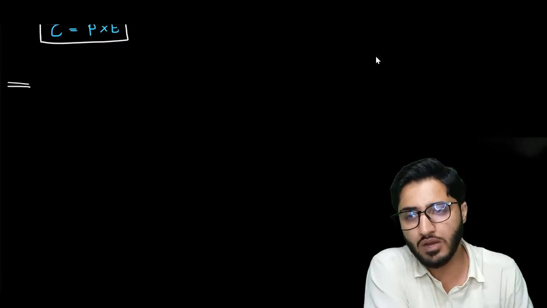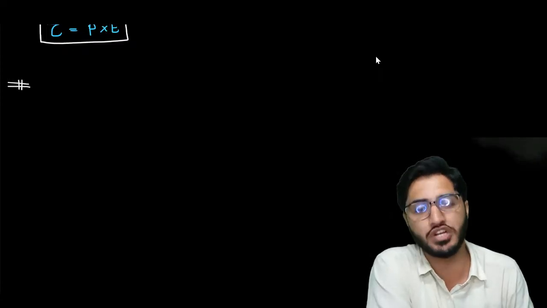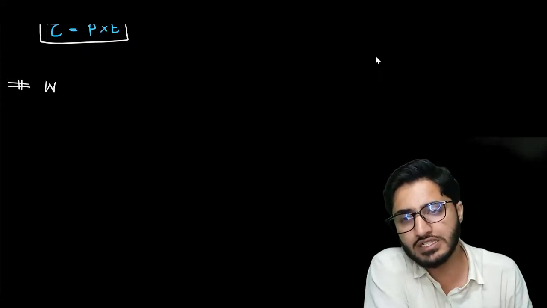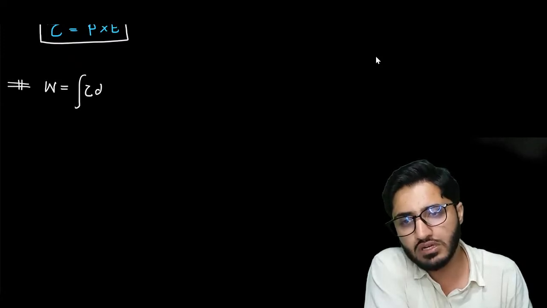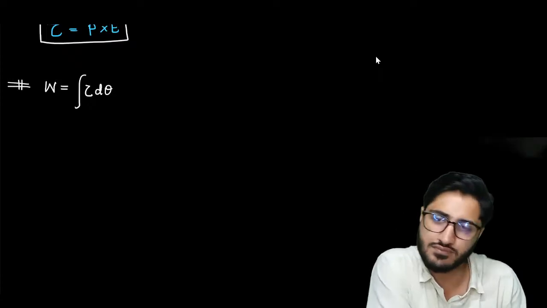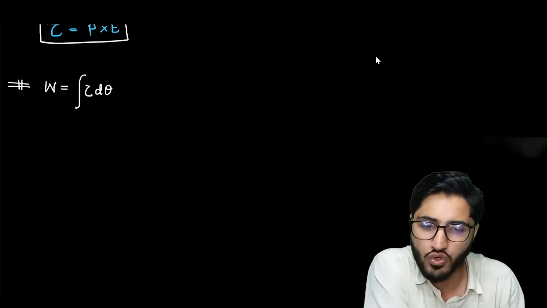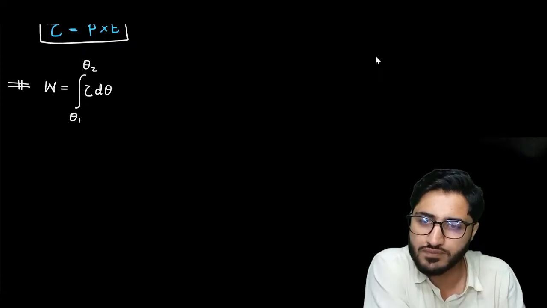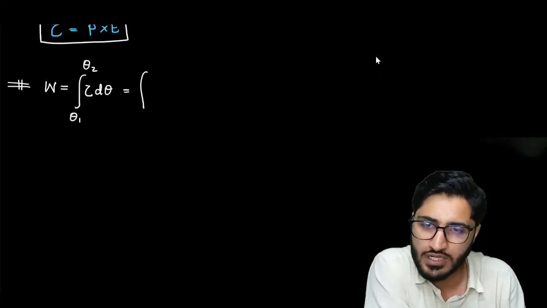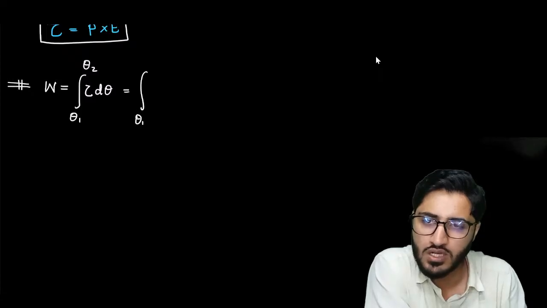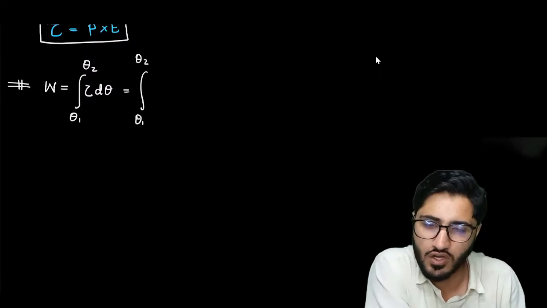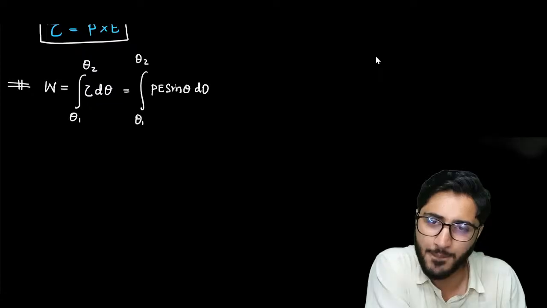But if we are talking about rotation, work done is nothing but torque into angular displacement. Now I want to rotate it from theta 1 to theta 2, so integrate from theta 1 to theta 2. What is torque? Torque is P E sine theta, then d theta.